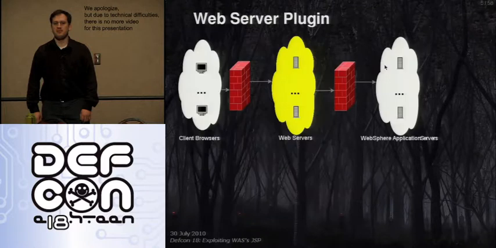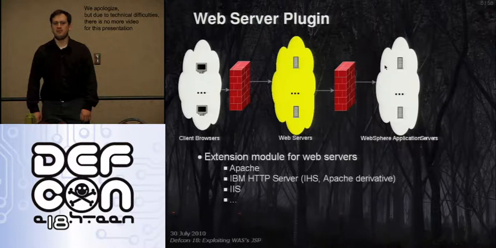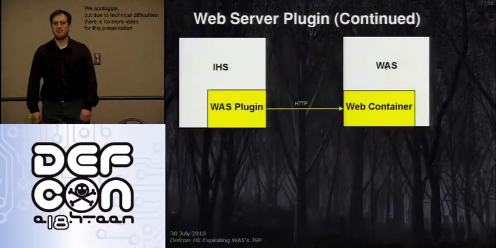So the web server plugin is what you need to describe a little bit first to understand. I'm going to refer back to this architecture because we're going to jump around between the different areas to understand it. This is basically an extension module that sits inside the web server, whether that be Apache, IBM's Apache, which is the IBM HTTP Server, IHS, IIS, several other ones including Lotus Domino and things like that.